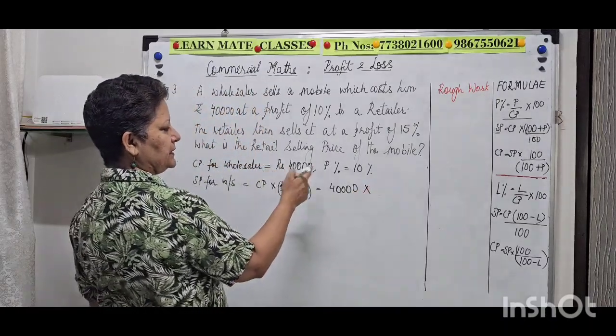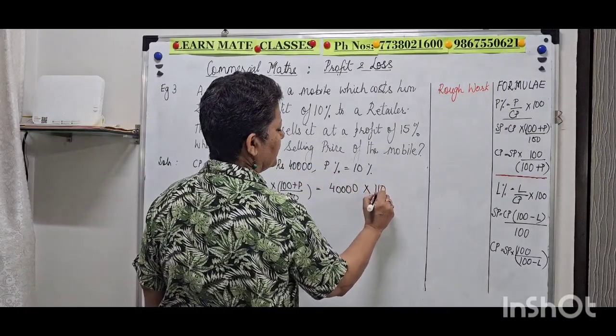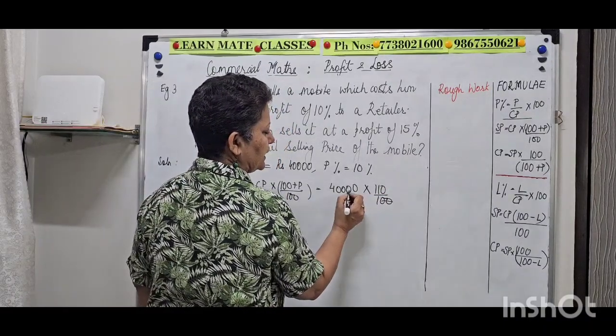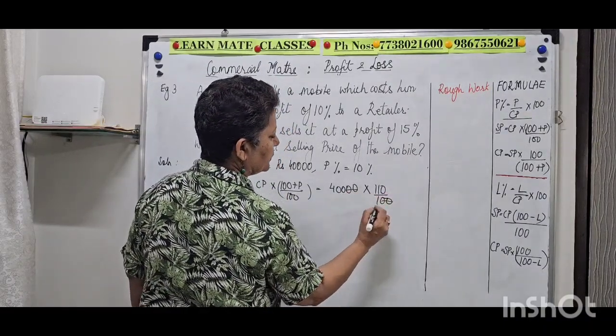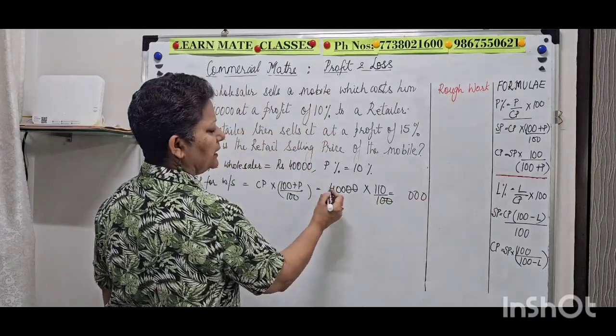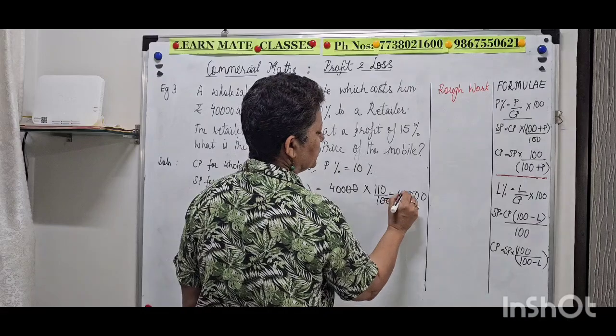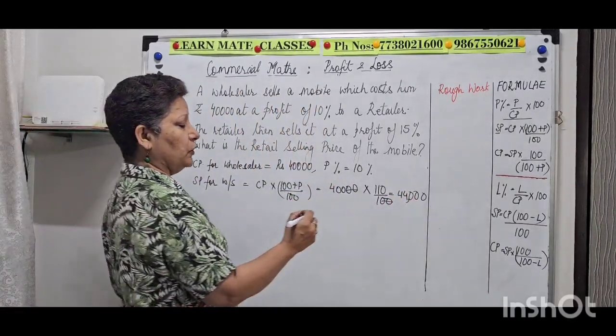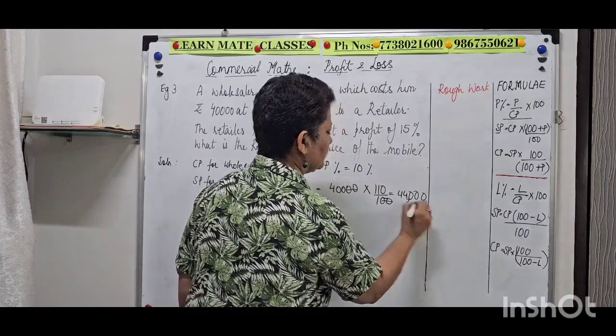What's my profit? It is 10%. So 110 upon 100. So these two zeros cancel. I have 3 zeros at the back, and 11 into 4 gives you a 44. So this is my selling price for the wholesaler.